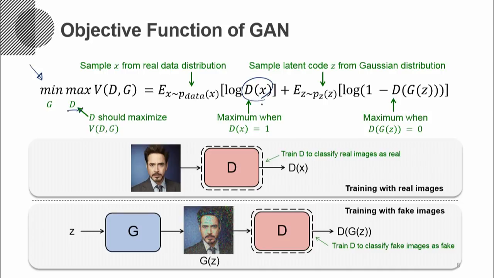So it would be great if the log of this classifier output is maximized. The log function here is just the binary cross entropy loss, but it can also be simply thought of as a monotonically increasing function. So if this output gets maximized, its log will also be maximized. And thus, when x is the real data, this part should be maximized.